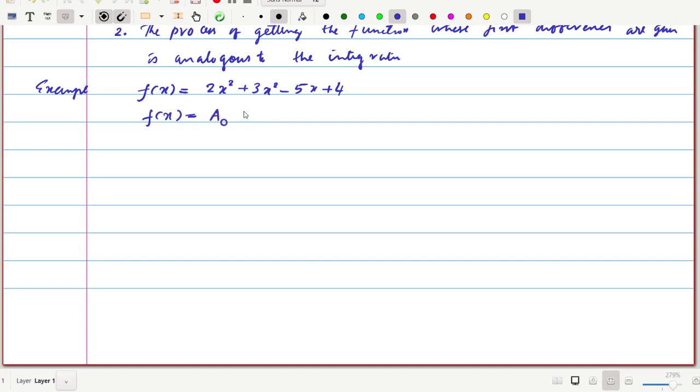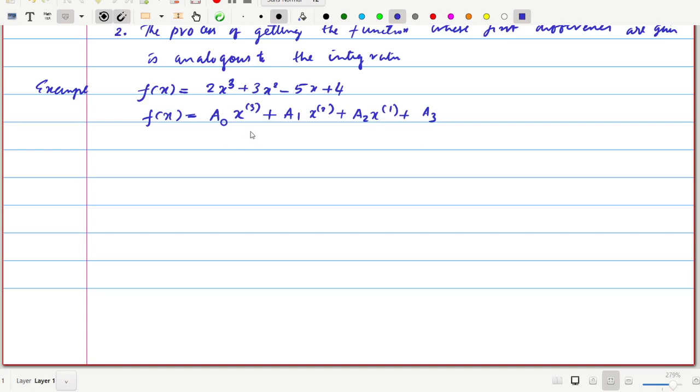Since this is a third degree polynomial, we express it as a0 times x of 3 plus a1 times x of 2 plus a2 times x of 1 plus a3.